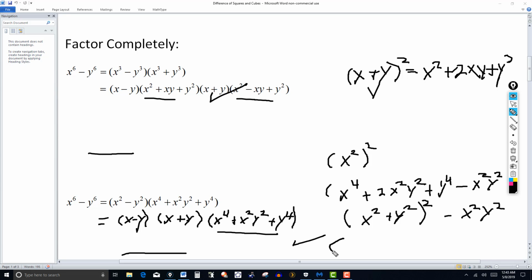So one factor would be the difference of the square roots, and another the sum. Okay, so I can write this as x squared plus y squared, that's the square root, minus the square root of x squared y squared, which is xy.